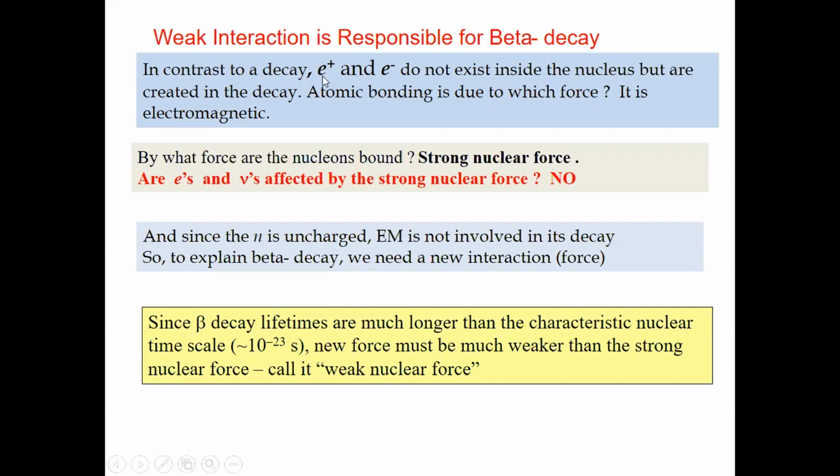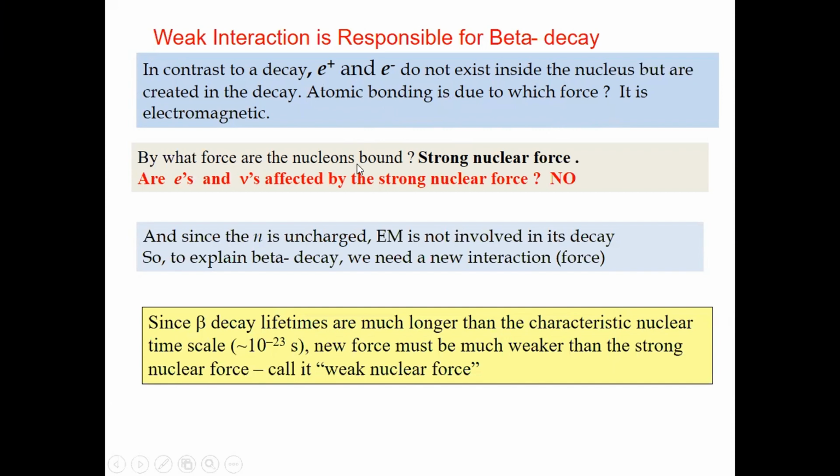In contrast, the positron and the electron in the decay do not exist inside the nucleus, but are created in the decay. The atomic bonding is due to the electromagnetic force.